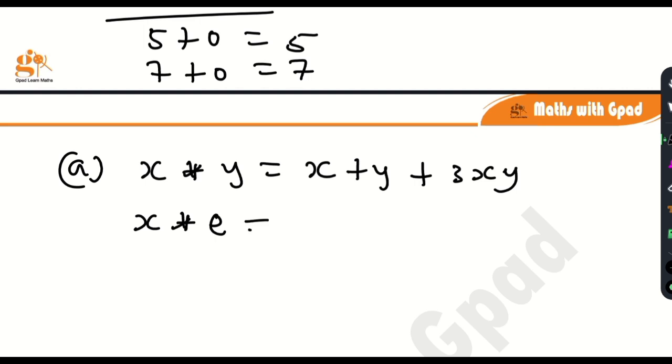So let this be equal to, I am not going to write y now, but I will replace y and put E. So that will be what? x plus no longer y but E, because I am combining x and the identity element E. Then plus 3xE. Can you see that?